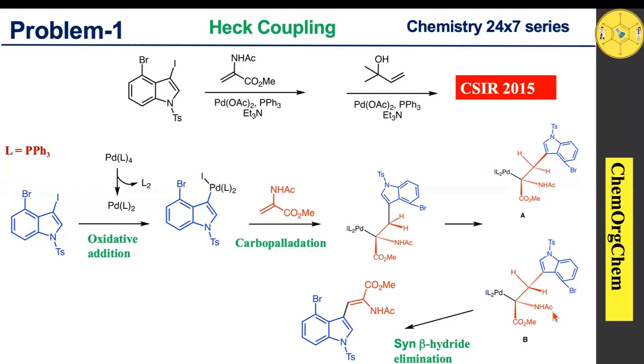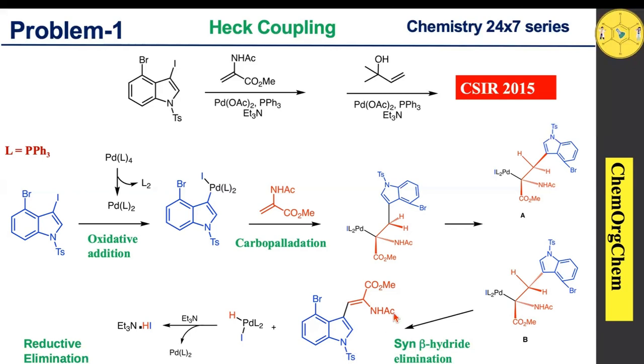The NH acetyl group is somewhat less bulky when compared to the ester group. Along with the generation of this alkene, the palladium complex readily undergoes reductive elimination to generate the palladium zero active catalyst along with the triethylamine hydrogen iodide adduct as a byproduct.